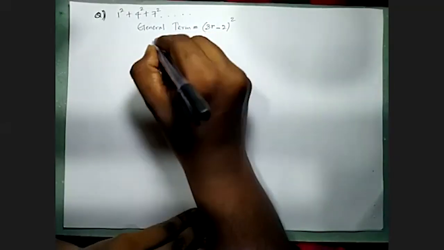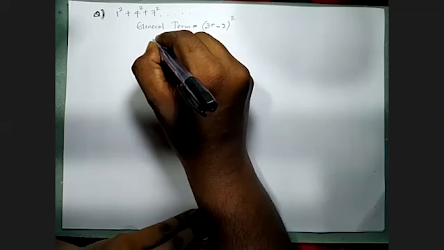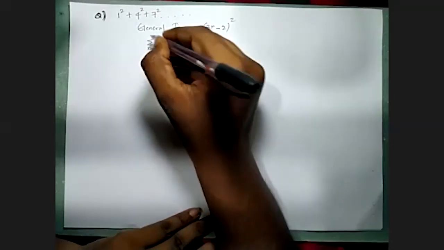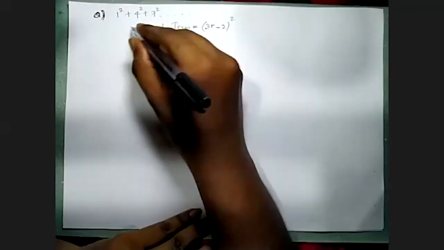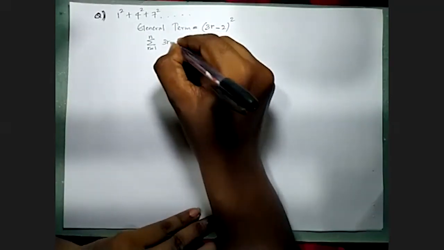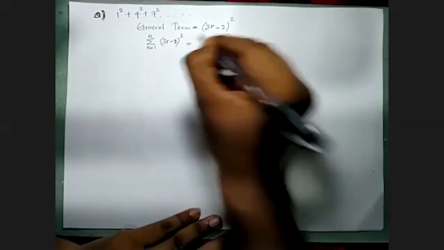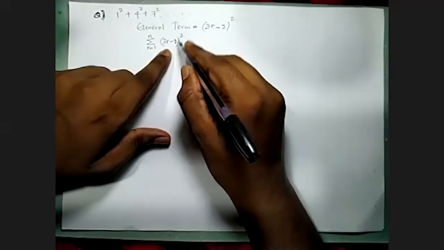Now, if they ask to find the sum of first n terms, that is when r goes from r equals 1 to n of this particular series, so we have to write our general term like this.